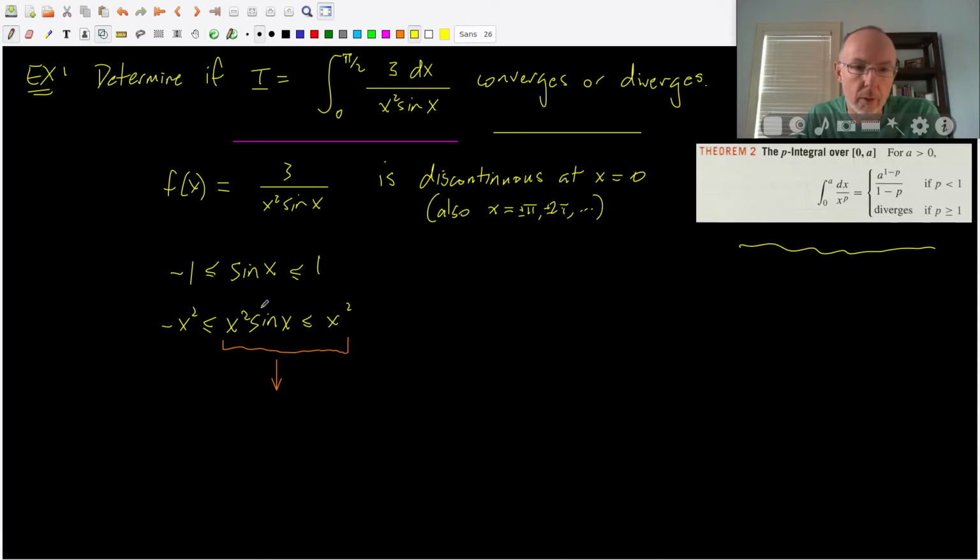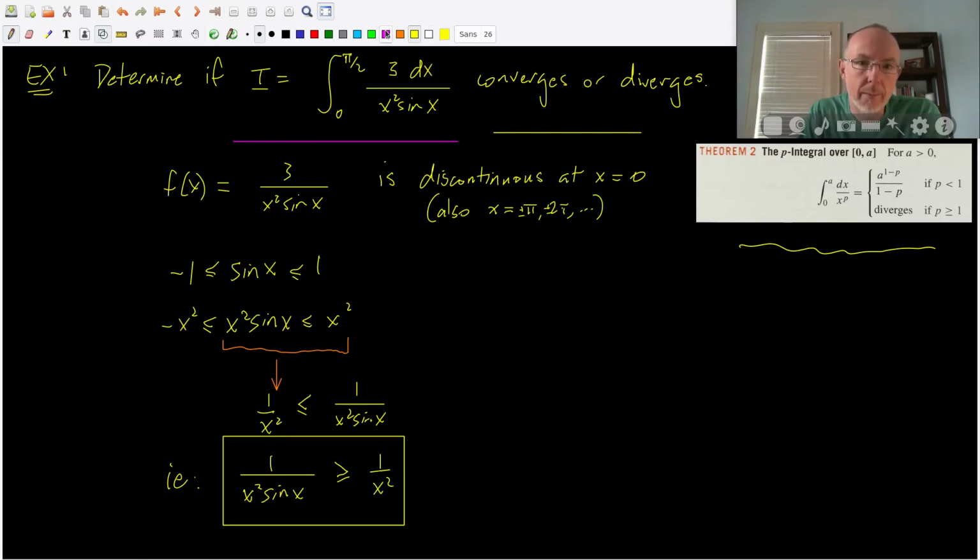So if I divide this onto the other side and put it in the denominator, I'll get an x squared sine here. Oops, not sine squared, just an x squared sine. I'm taking this and dividing it on the other side, and I'll get a 1 over x squared there. In other words, I've shown that 1 over the function we're interested in, x squared sine of x, that's bigger than or equal to 1 over x squared.